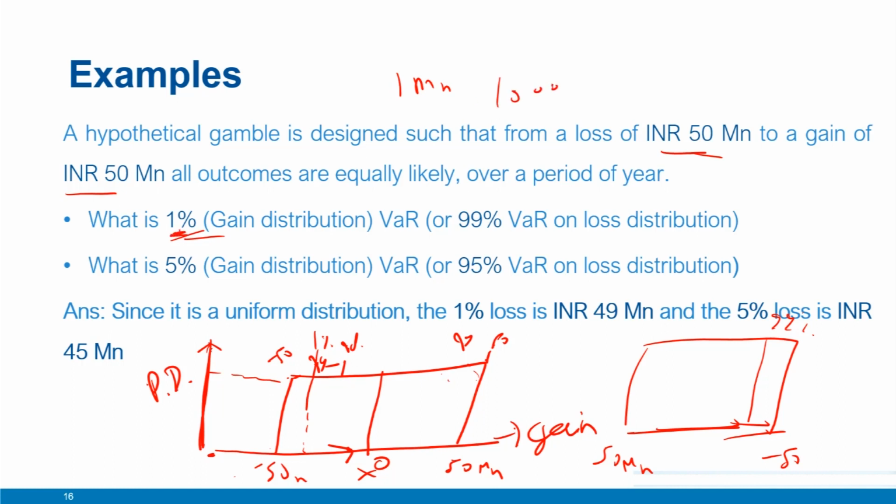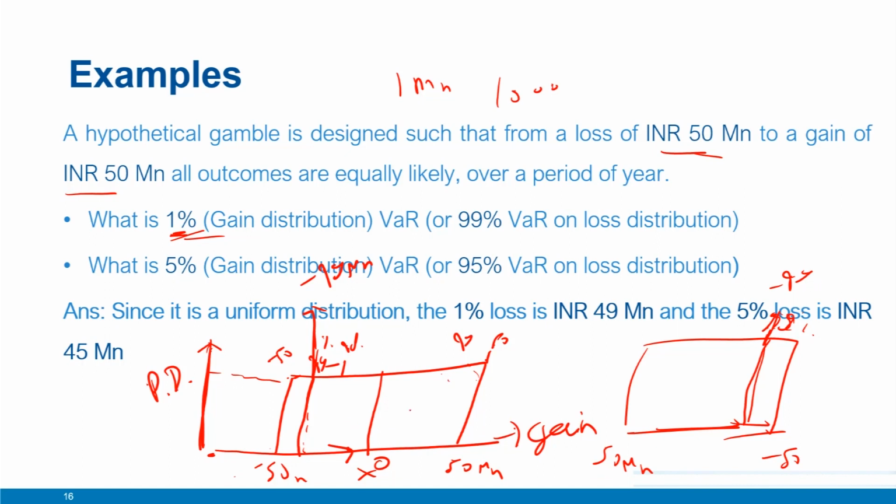Now if I'm interested in 1% VaR, then on the gain distribution I am looking at this cutoff which is at minus 49 million, or 49 million loss, or if I am looking at the loss distribution, I'm looking at this 99 percentile cutoff, which is again a 49 million rupees loss.